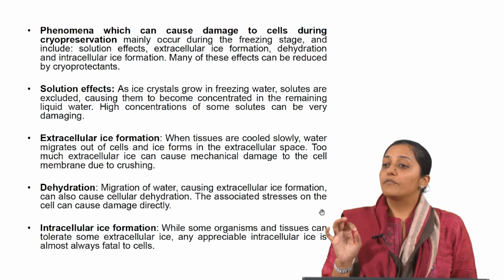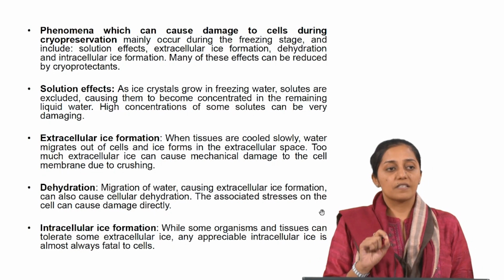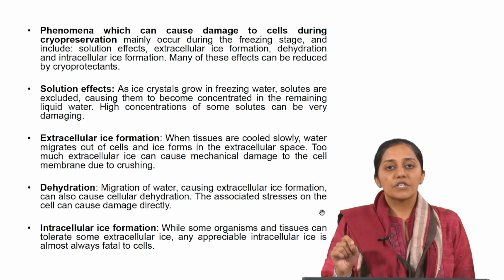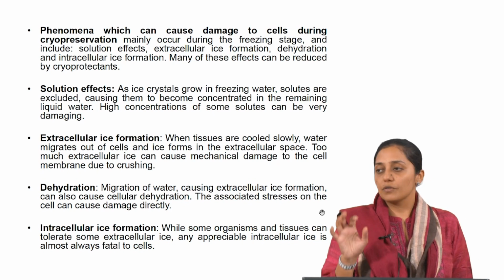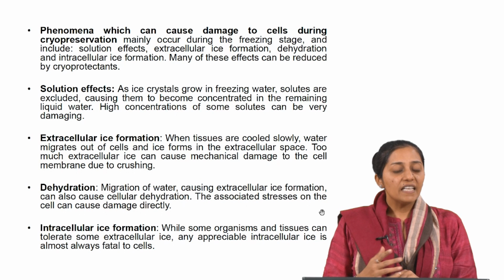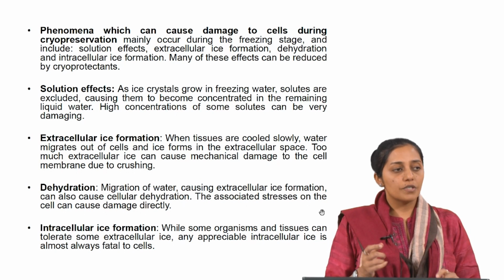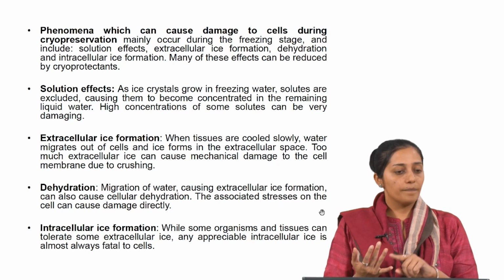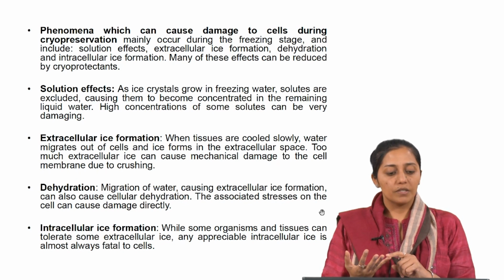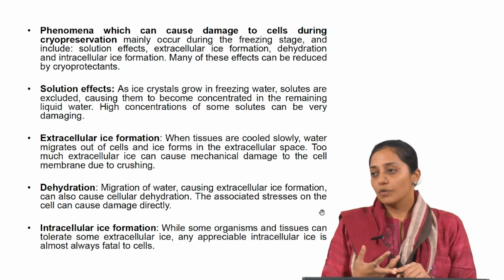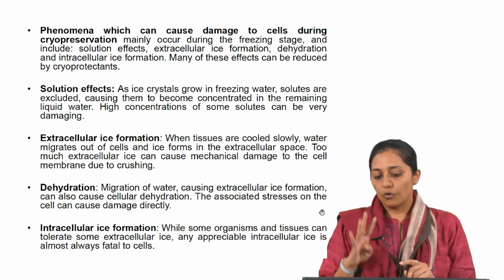So, what are the different ways through which these cryoprotectants work? The phenomena which can cause damage to the cells during cryopreservation. So, what is the phenomena? It mainly occurs during the freezing stage and includes solution effects, extracellular ice formation, dehydration and intracellular ice formation. So, what do we mean by all these four things?